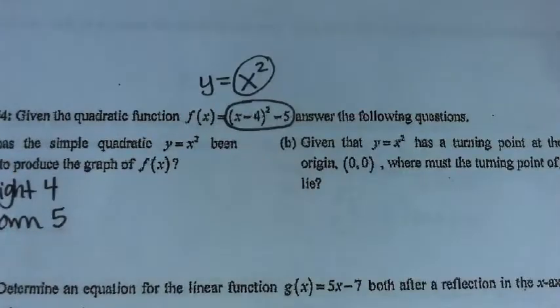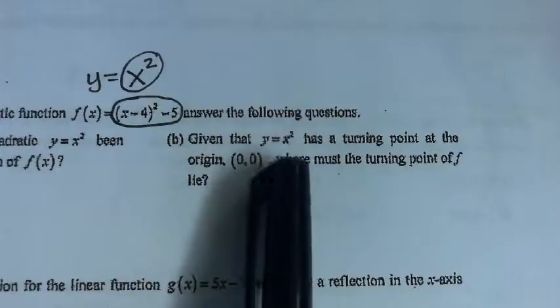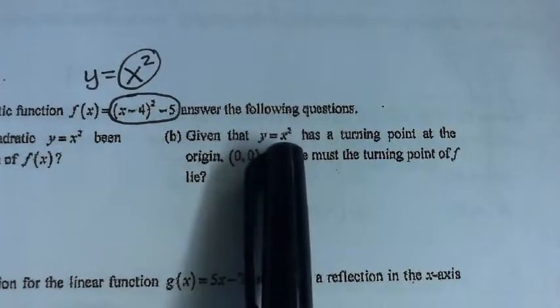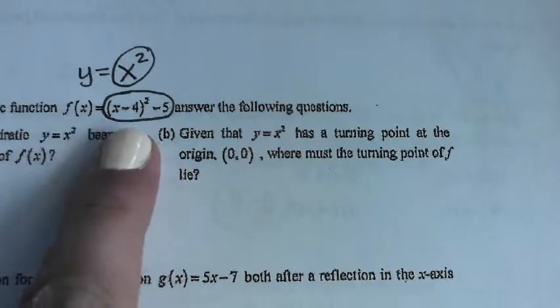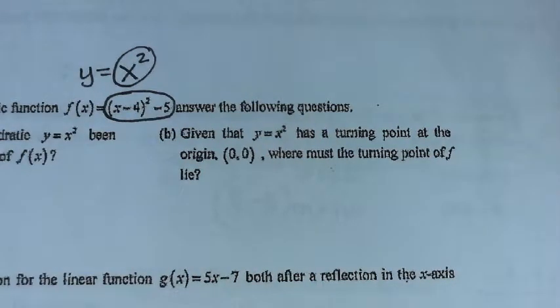Look at B. Given that the parent graph, y equals x squared, has a turning point at the origin 0, 0, where is that turning point going to be on f of x? Raise your hand when you think you know. Remember, everything, the domain, the range, the points, everything has been shifted right 4 and down 5.